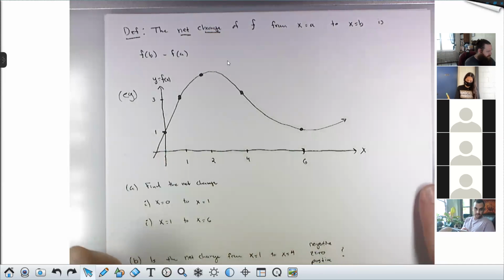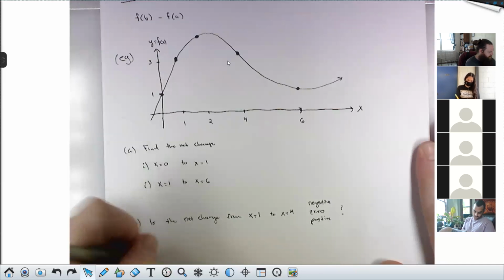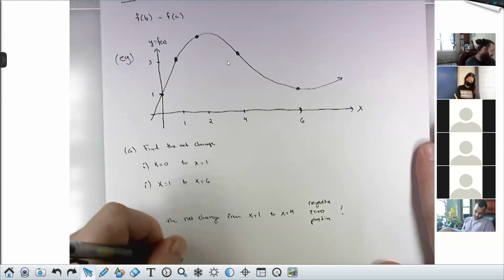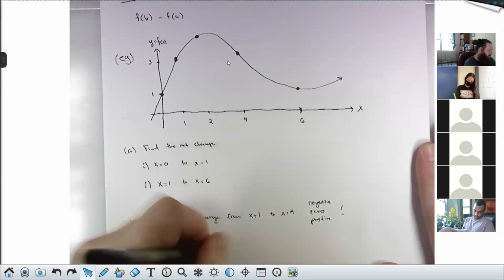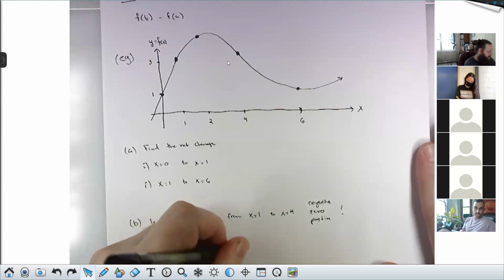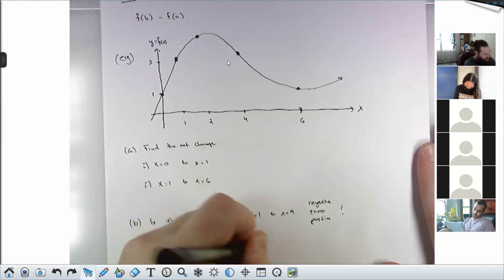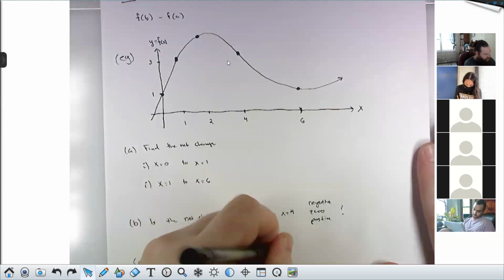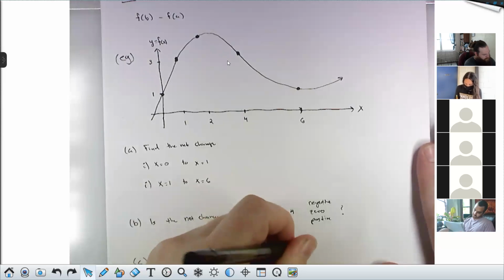And then C, let's answer that same question as B, but from x equals 2 to x equals 6.